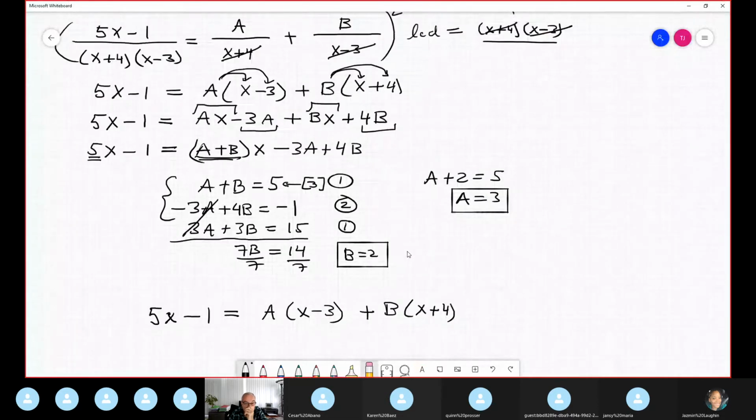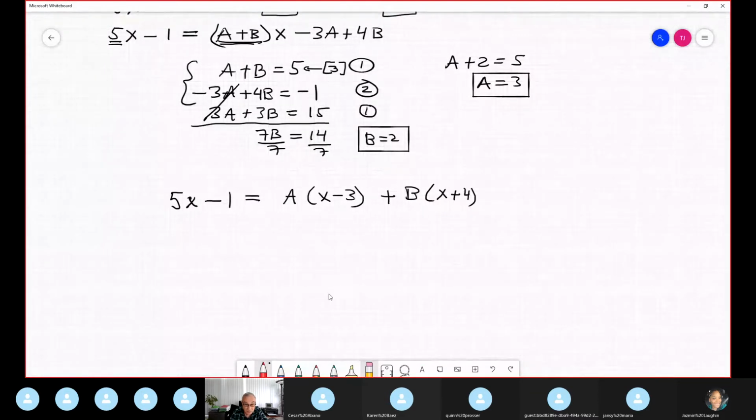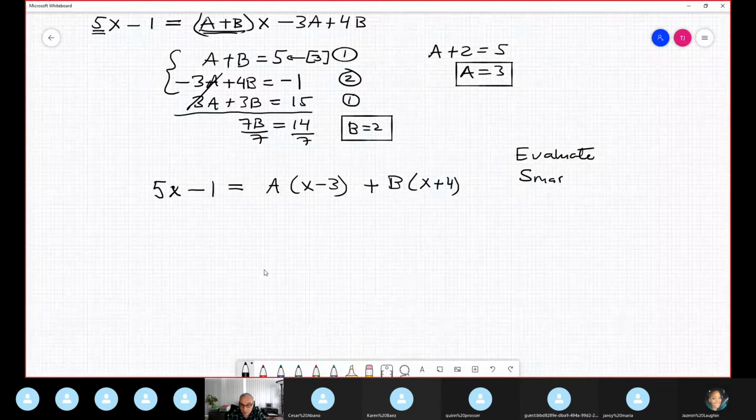This line. Just copy. But instead of applying the distributive property and complicating my life, obtaining a system of equations, no. I want to evaluate this expression at one smart value.